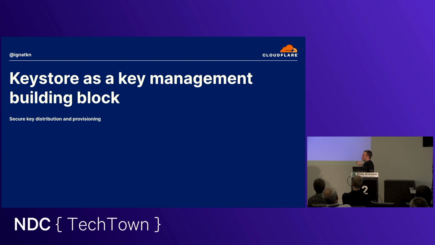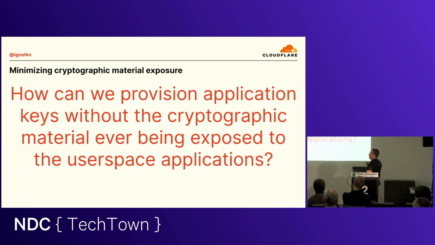This functionality is really useful to build very complex key management systems, both in cloud environments and even in a fleet of IoT devices if you run Linux. But in all the previous examples that we saw, we had user space taking cryptographic material and putting it inside the kernel.